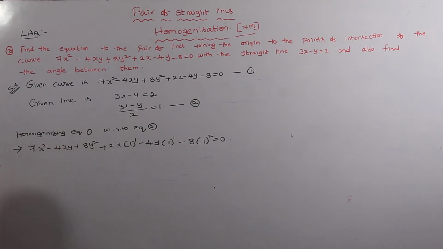But what is 1? 1 is equal to (3x minus y) by 2. Substitute here in this problem.